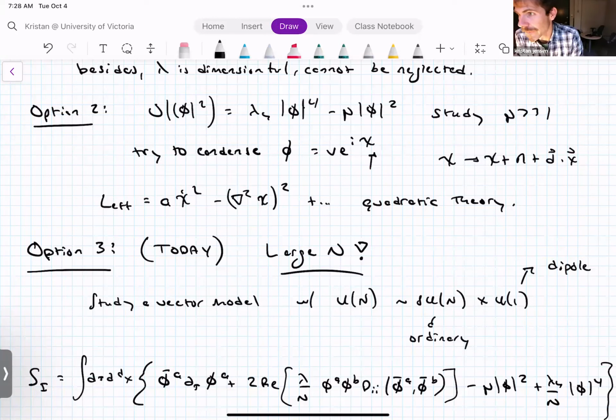The loop integrals that you have to deal with are relatively prosaic then at large K. Furthermore, I should say the constants that you get, if you solve them in the regime where this funny dipole invariant quartic coupling is small, you get answers that depend non-analytically on this funny dipole coupling.